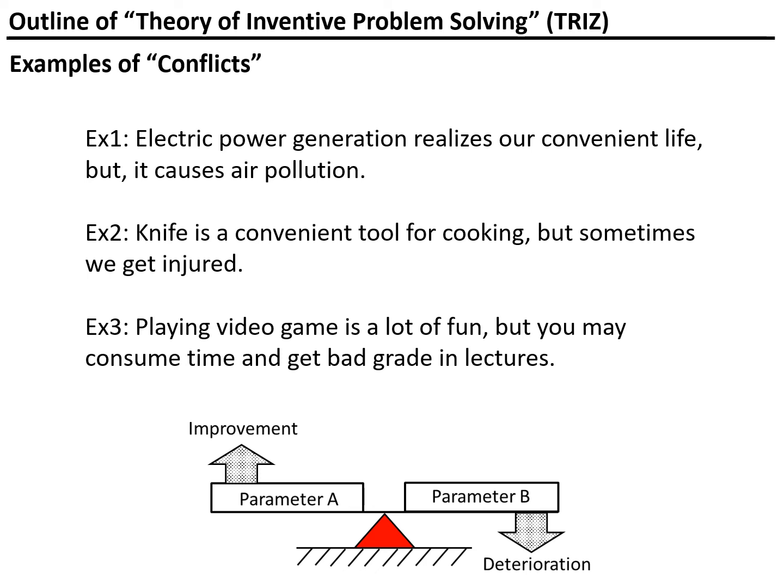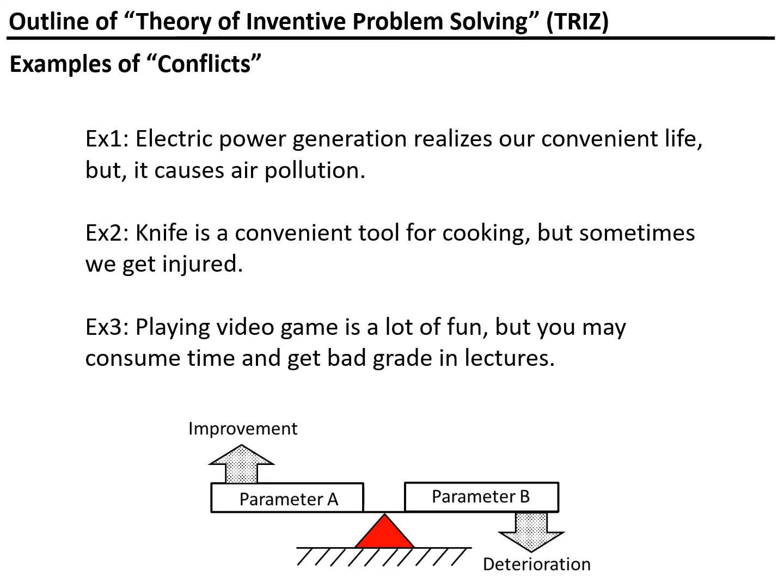But we sometimes cut our finger when we are using a knife. So we may recognize this as a problem. A knife improves convenience of the cooking process, but deteriorates the risk of these processes, getting injured.